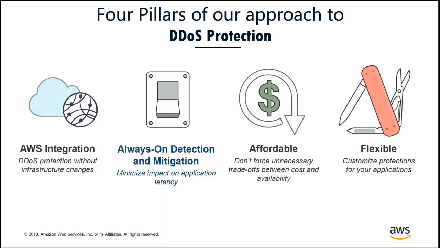You can define that as code in your AWS environment and make sure you're always protected. It's affordable, so you don't have to worry about what size of an attack you can afford. There's a simple subscription model, and like all things at AWS, it scales as you utilize those services. And it's quite flexible, especially with Shield Advanced, and we'll get into some of the benefits of that as well.